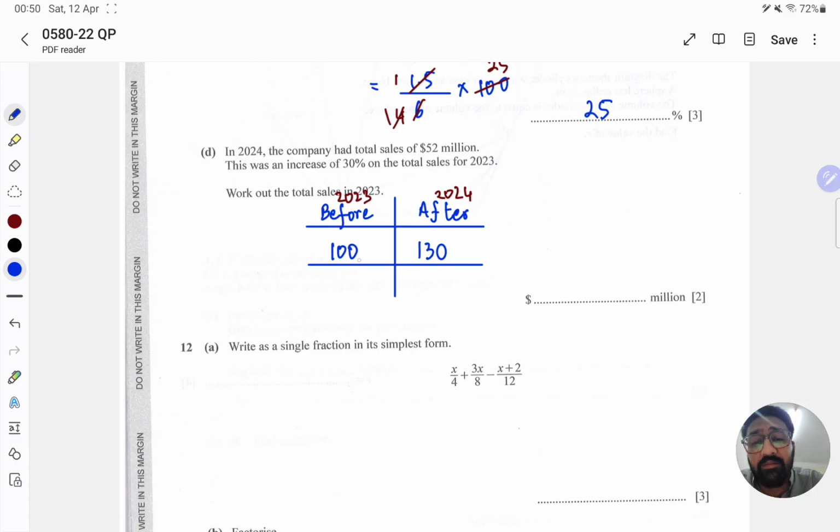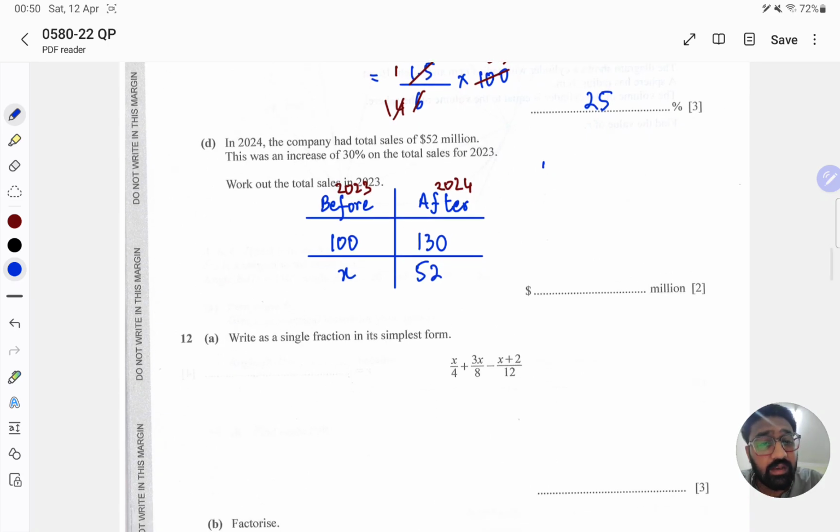We need to find out the sale that they have done in 2023. I'll mark it X over here and the sale over here is 52. So we'll do simplification. 130x is equal to 100 multiplied by 52.